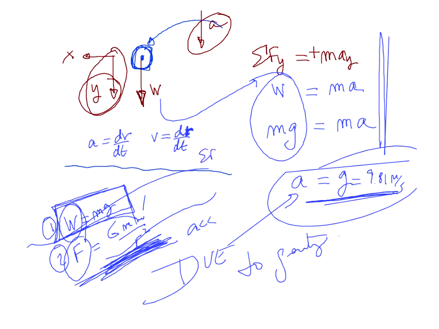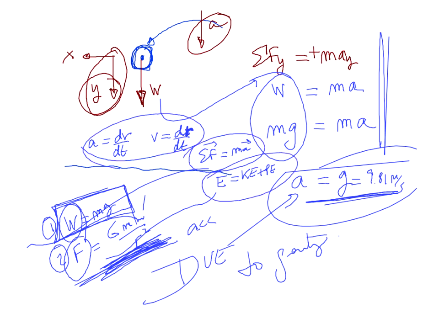Newton's law and energy. KE plus PE, as we will see later on. This is it. Chapter 2 and 3, Chapter 4 and 5, Chapter 6 and 7. All this is all you need to go to the moon and go to Mars.